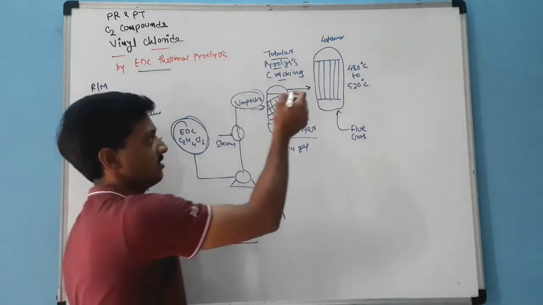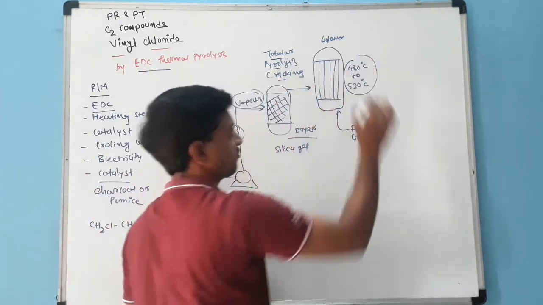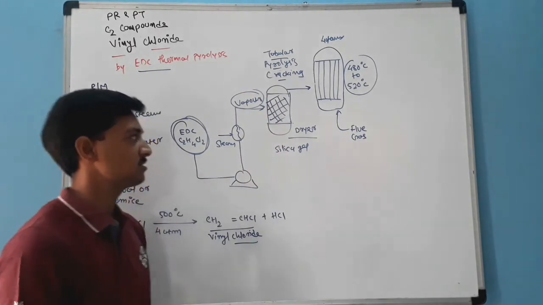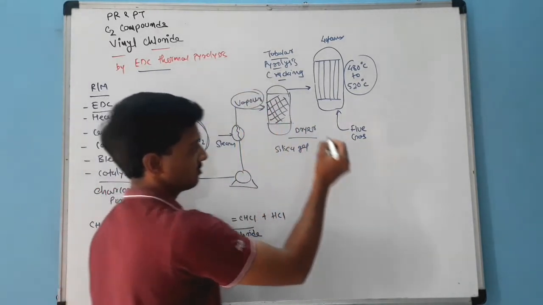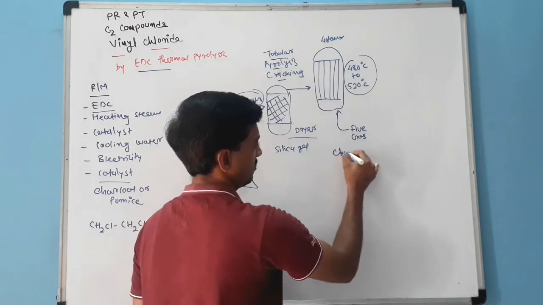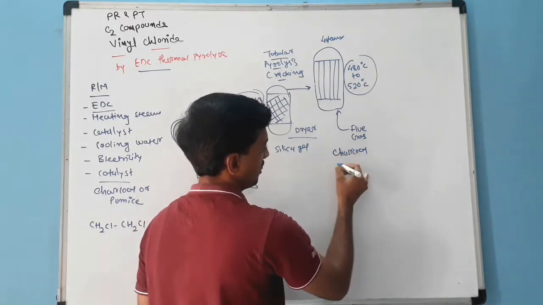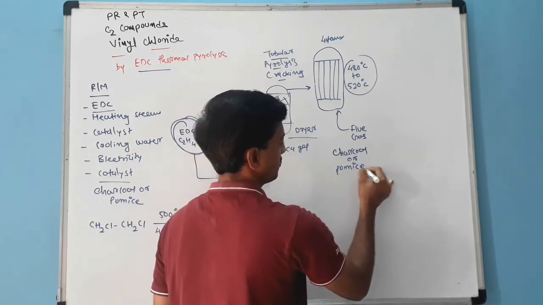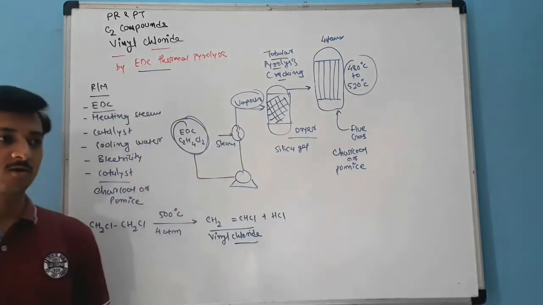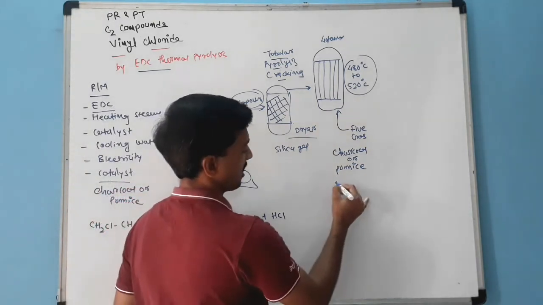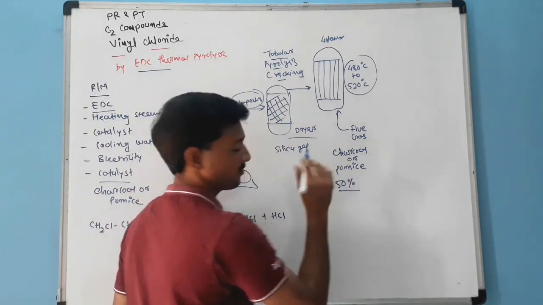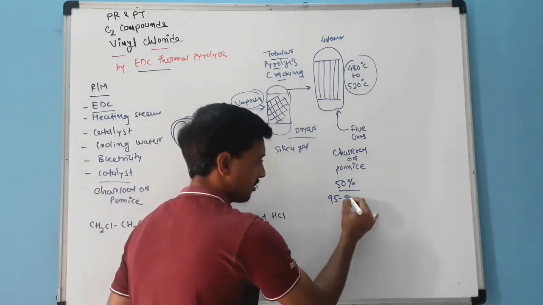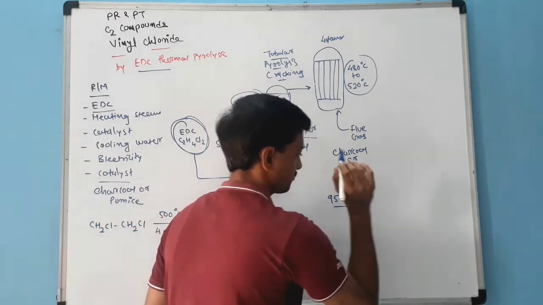The catalyst used is charcoal and or humus. The conversion per pass is 50% and the yield is 95 to 96%.